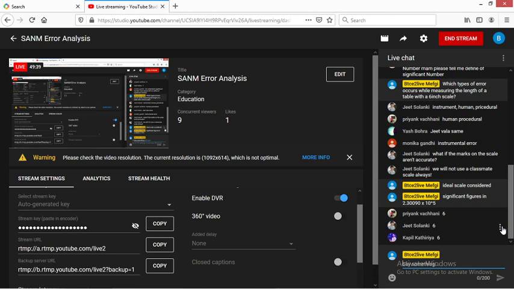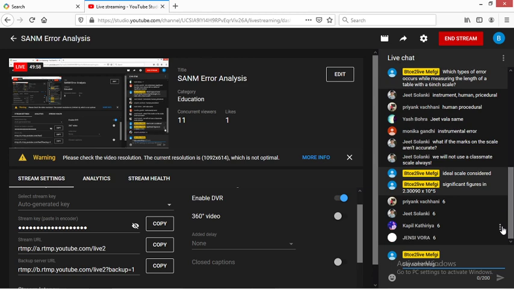Jeet is also saying 6. Kapil Kathiria is saying 6. Chen Seaver is also saying 6. Good. The answer is correct. It is going to be 6. Please do not make mistakes in exam when there are questions of significant figures. It will be really bad.